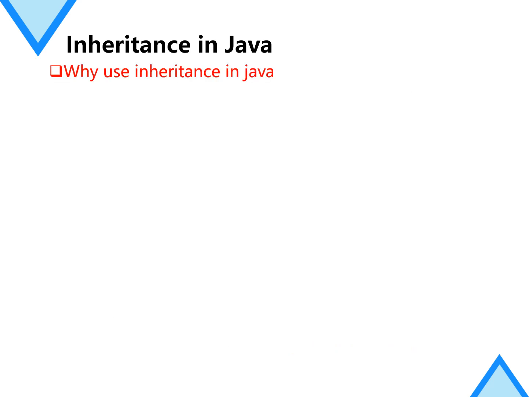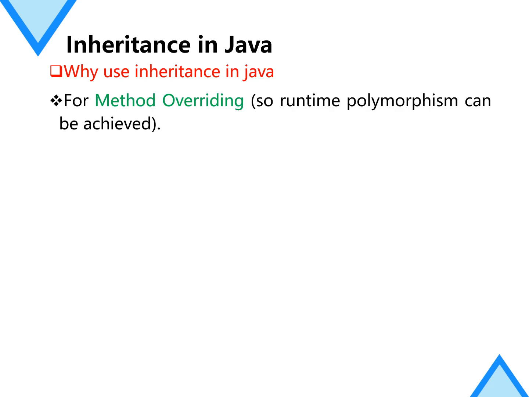Now the question is why we are using inheritance. The answer is that we want to achieve runtime polymorphism, and it can be achieved by method overriding. And when we do so, from the software engineering perspective we are reusing the code.